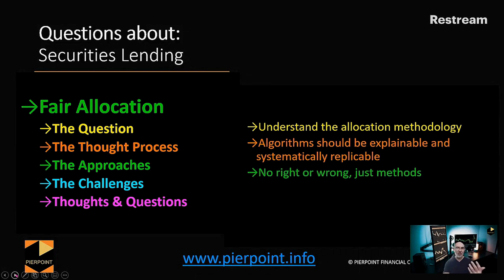There is no right or wrong way to do the allocation approach. You just need to understand how it's going to happen and make certain you ask questions about the methodology and what happens in the event of X or Y. Ceteris paribus, all things being equal, just doesn't exist in real life. So it doesn't matter how similar things are.